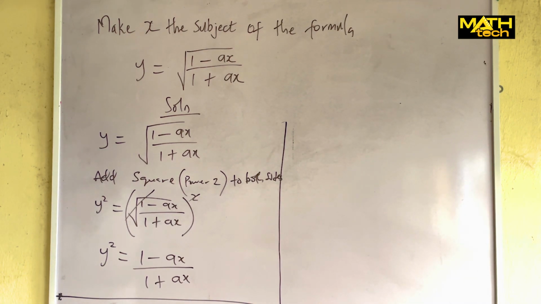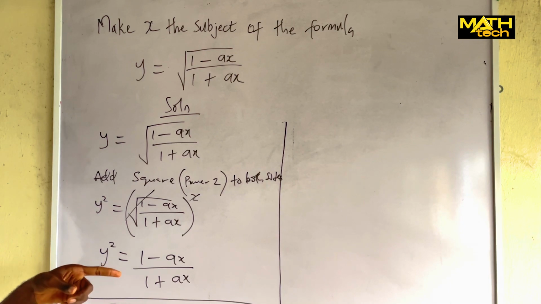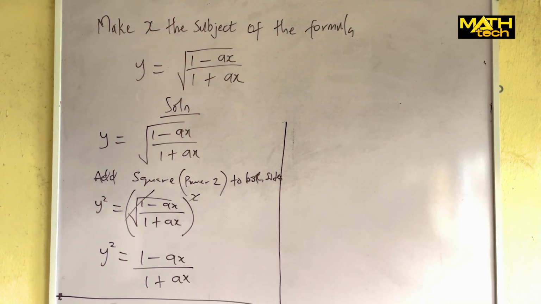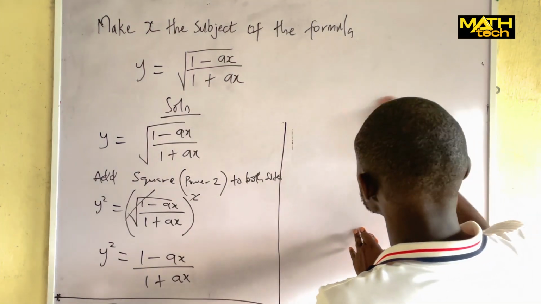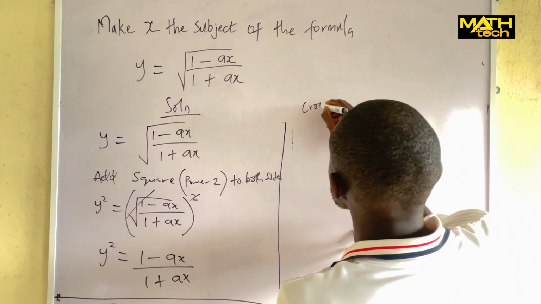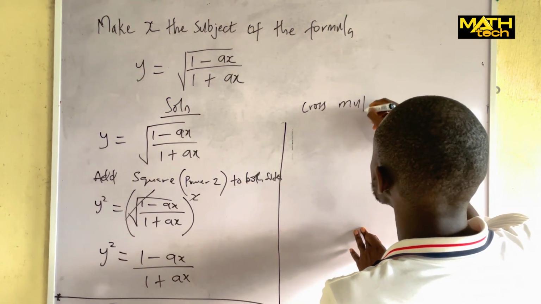Remember, the aim is to make x the subject of the formula. So the next step we take is we cross multiply.